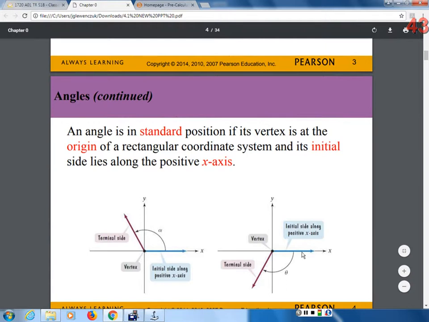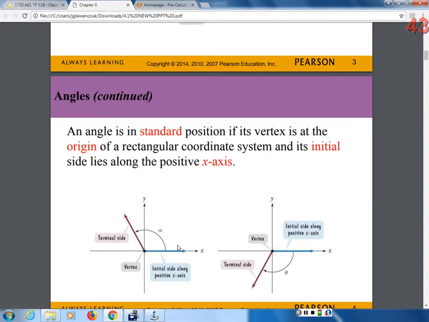You need to know Greek too. Here's an angle that also is in standard position because its initial side is along the positive x-axis. So those are the fill-ins for the rest. You've got standard position: the vertex of the angle is at the origin. This is called the vertex.